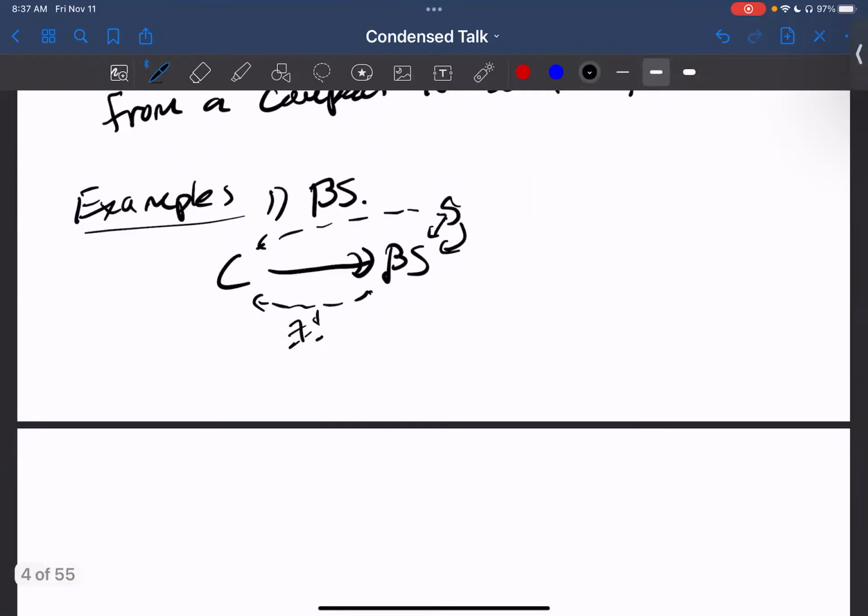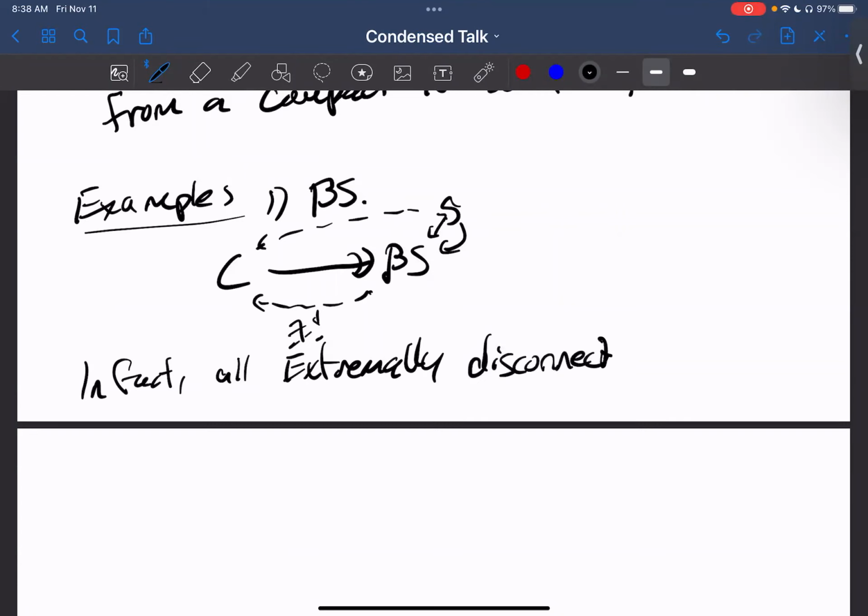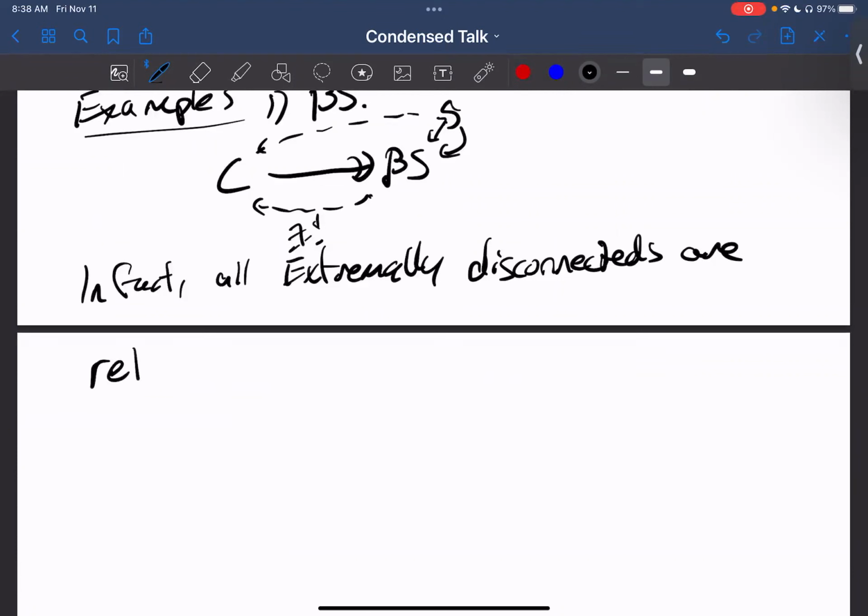Okay, and in fact, all extremely disconnected sets are retracts of Stone-Čech compactifications.